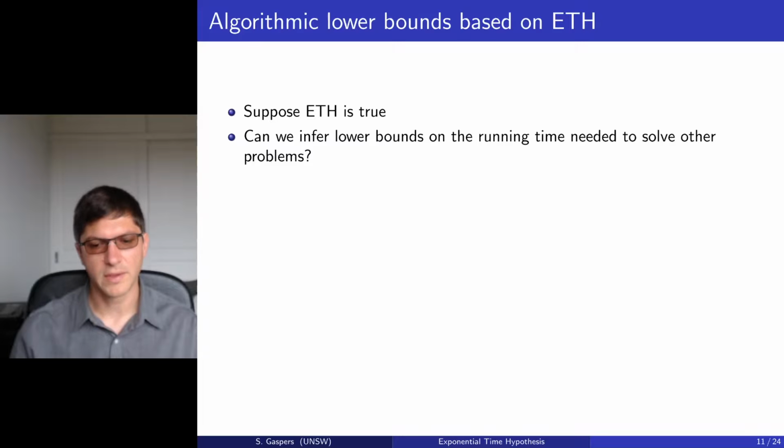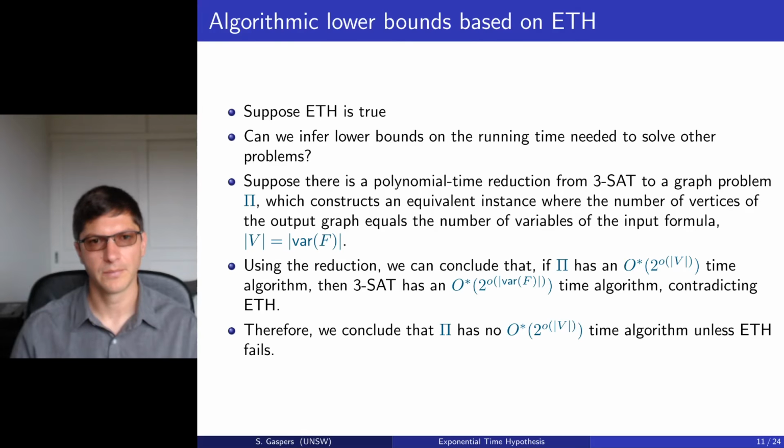So we will suppose that the exponential time hypothesis is true, and we want to infer lower bounds on the running time needed to solve other problems. And so I already mentioned that we will use reductions to do this.